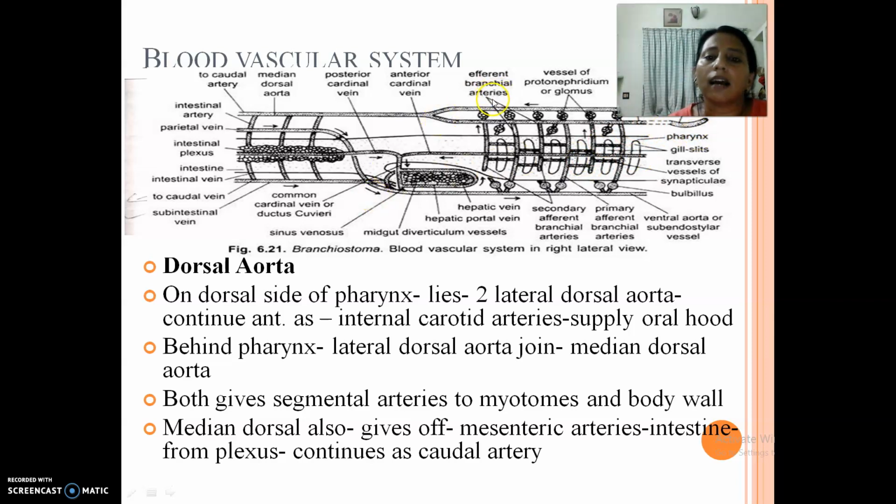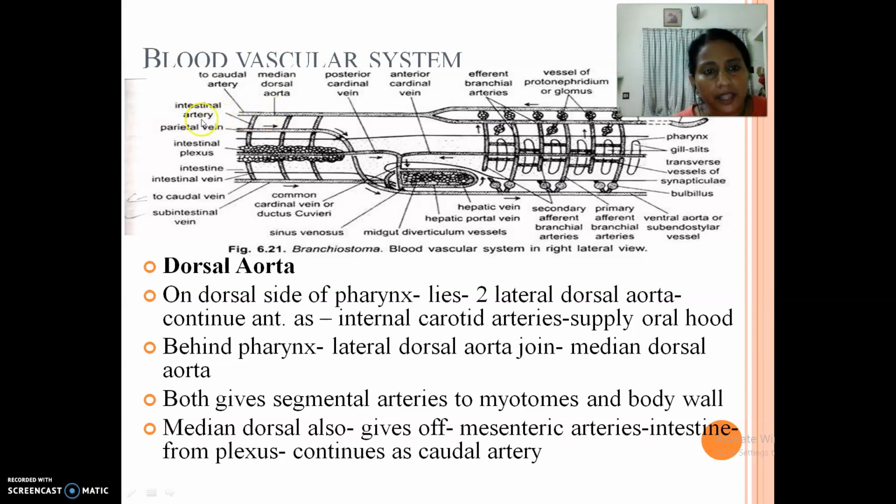Now, the lateral dorsal aortae of both sides join after the pharynx and continue posteriorly as the median dorsal aorta.